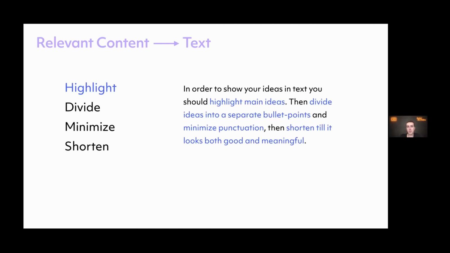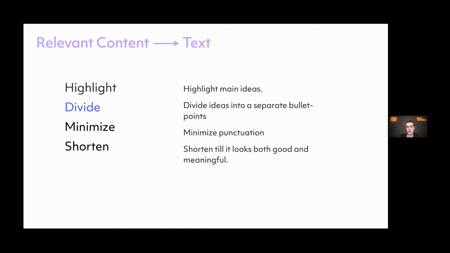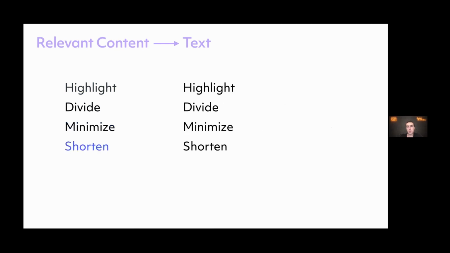Then you need to divide them into separate bullet points. Then minimize punctuation. For example, these dots on the first and last bullets are not needed on short text. And you can shorten them to the single minimal object that can deliver your message. And probably it may be only one word.